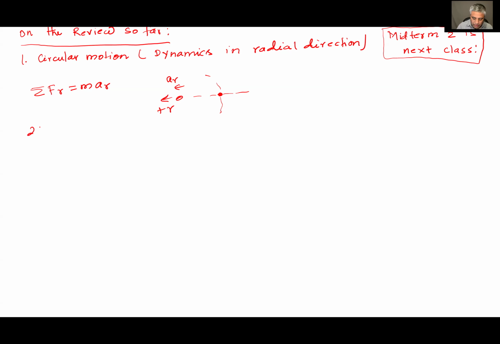And then we also talked about work, energy, and conservation of energy. So work is the product of force.